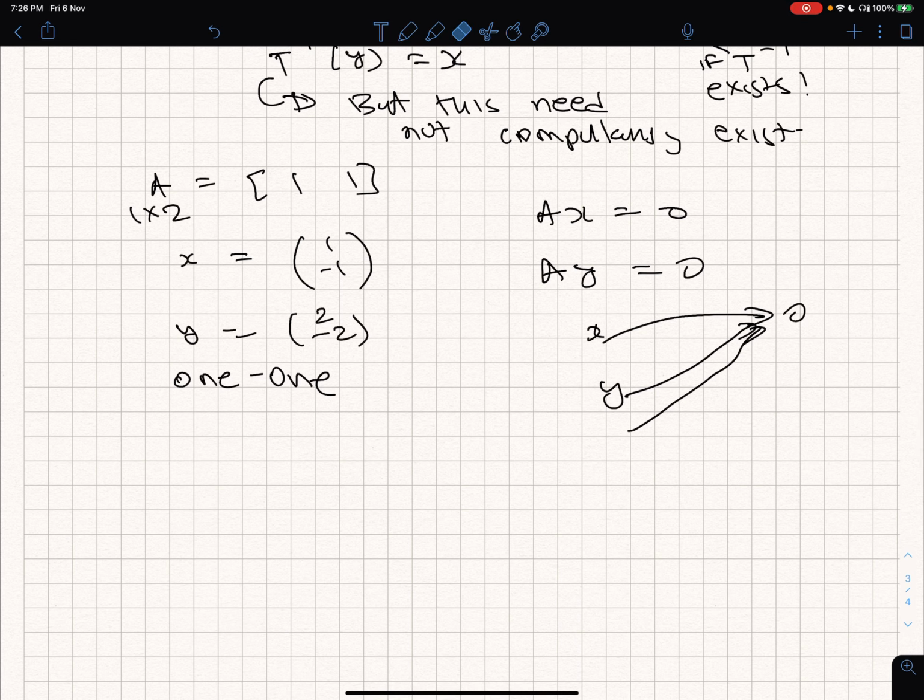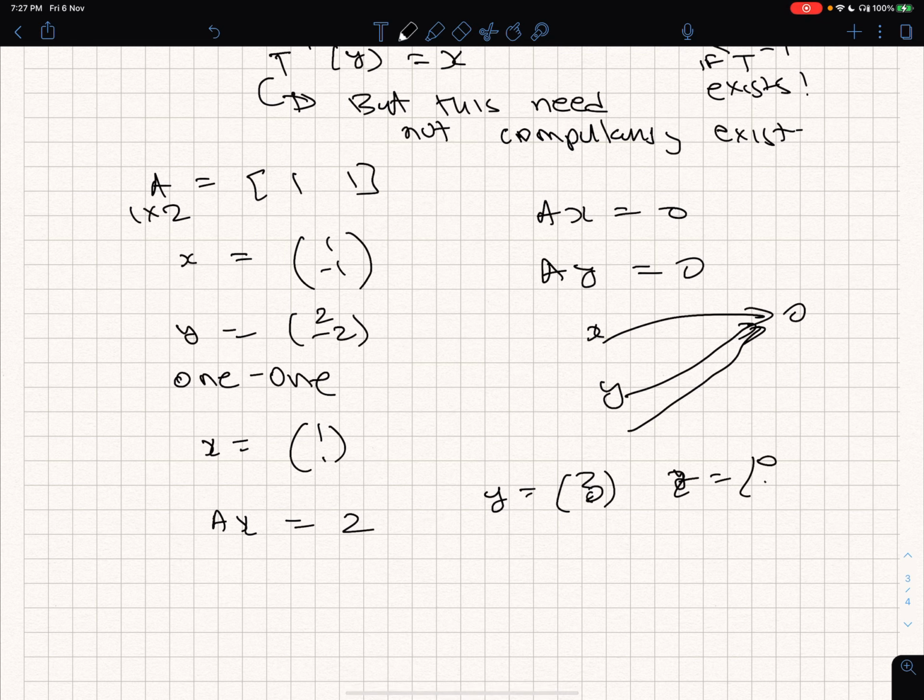And 0 is not something very special. For example, you can choose x as 1 1. Then what is Ax? 2. Now take y as 2 0, and then another z vector as 0 2.